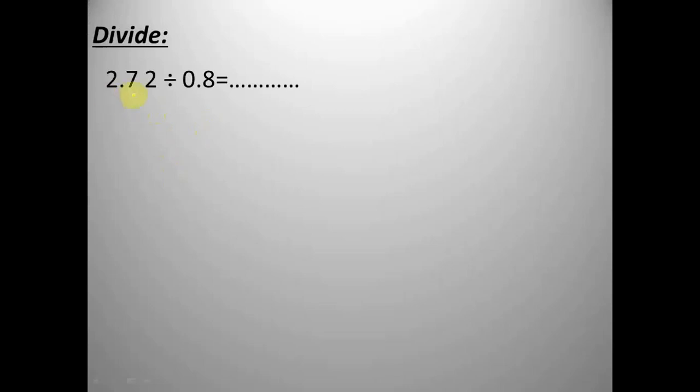Divide 2.72 by 0.8. We change it into fractional form as usual. 0.8 has one decimal digit.